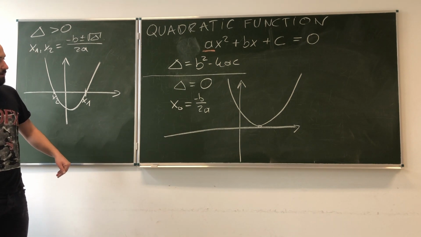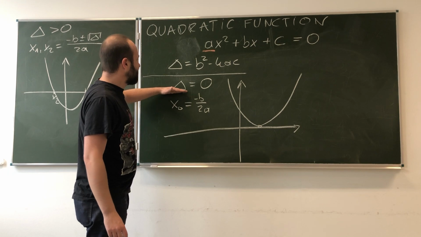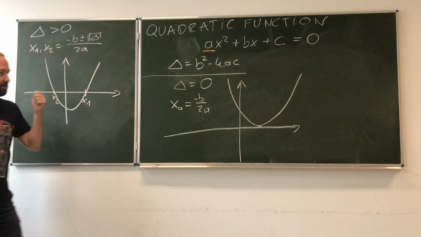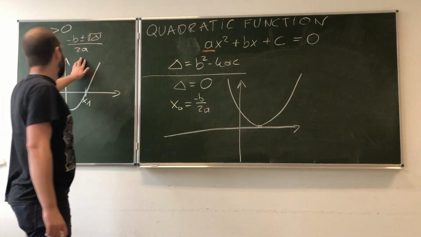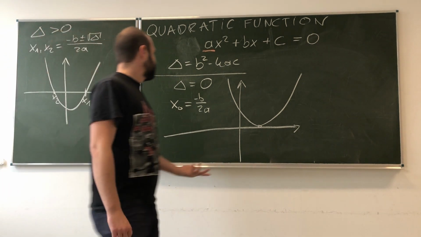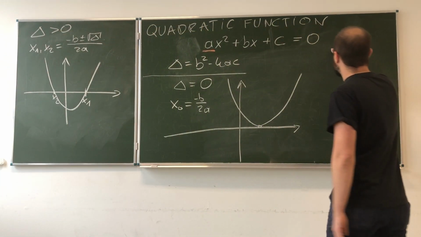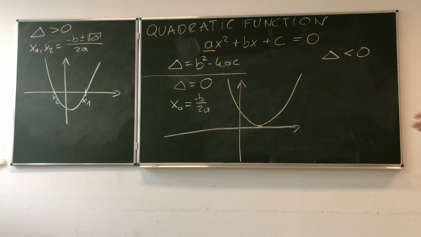For now, just remember that when we have delta equal to 0, we have just one repeated root, and we obtain it with the same formula, just we can simplify it because we don't need the square root of delta. Okay, and finally, the last case, with delta lower than 0, we know that we cannot take the square root of a negative number.